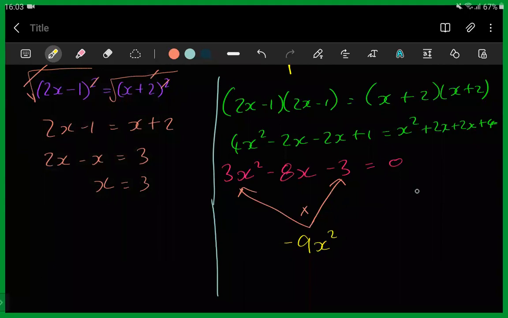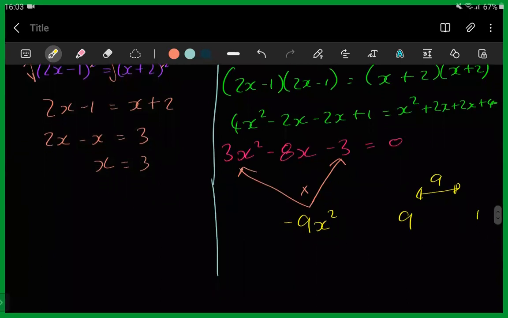Now, to get the minus 8, it's just 9 and 1. So to get a minus 8, you have to say a minus 9 times the plus 1.